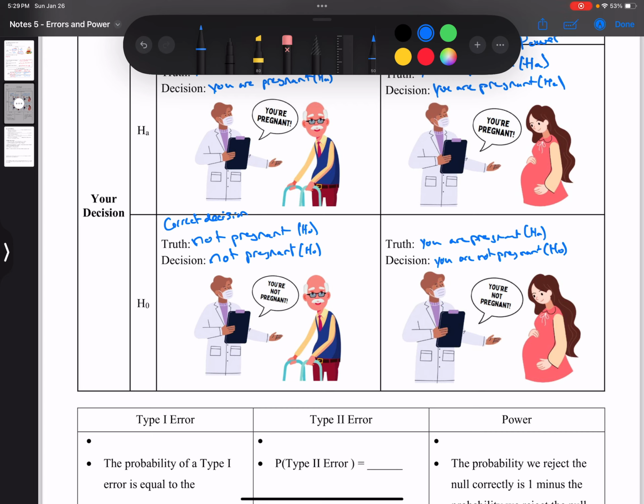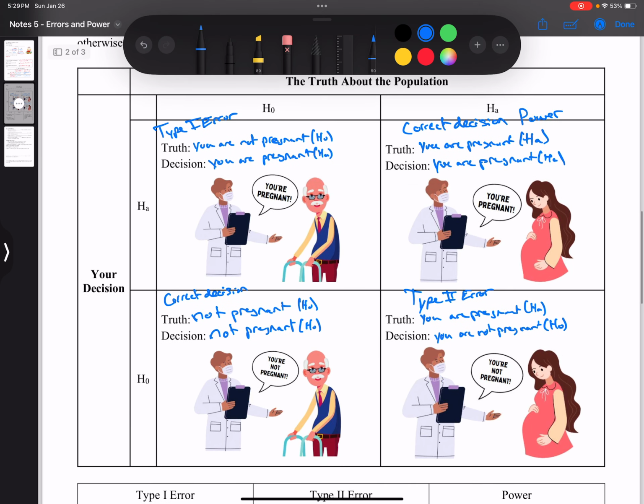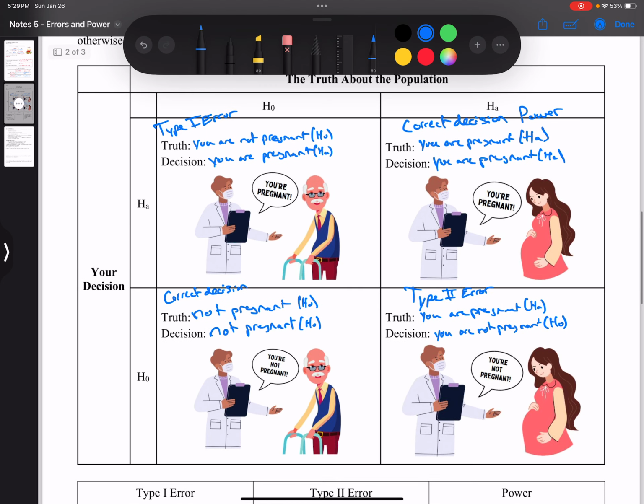So in this case, the truth was the alternative was the true outcome, whereas we said that the null was true. So this is our type 2 error. And this is just a sort of gotta-memorize-it kind of thing. This is not on your formula sheet at all. You're going to have to memorize what each error means and what power means.